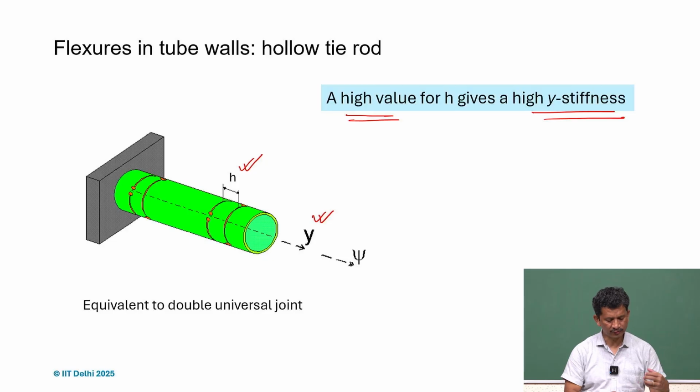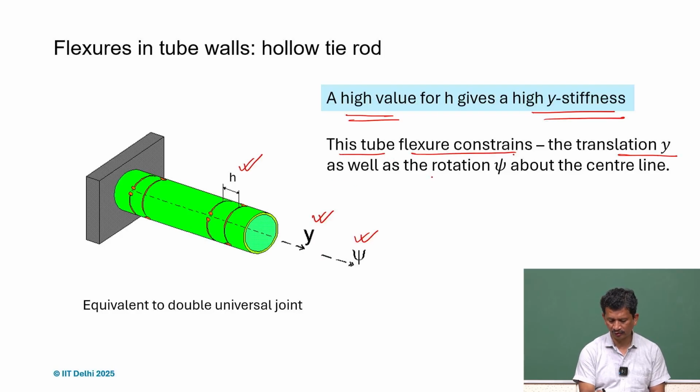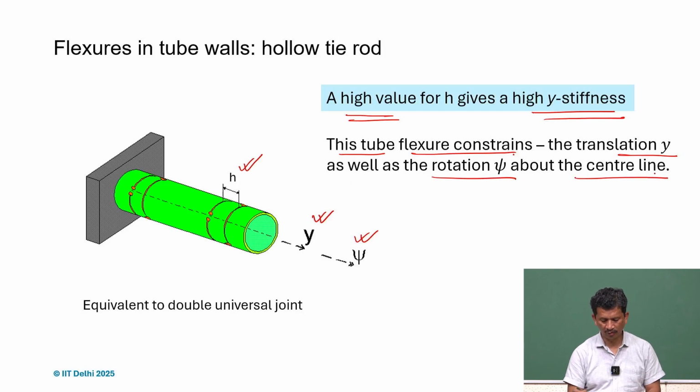And of course, in this arrangement, the rotation along the center line is also constrained because it has a huge stiffness. So if you take this tube, the constraints are basically the translation y and the rotation psi about the center line. The remaining four degrees of freedom are there, except that translation y and psi along the center line.